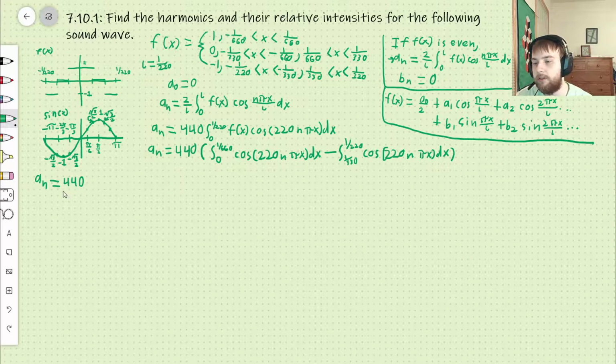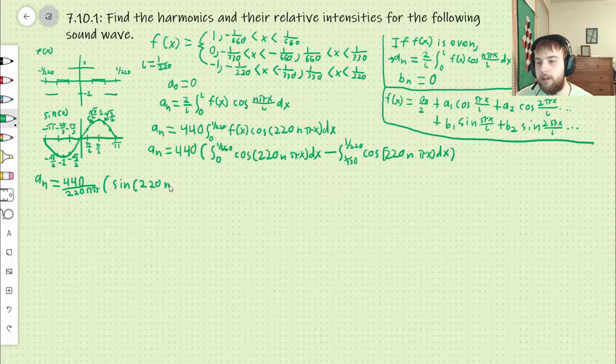I'm just going to skip a step and take it out in front, since it's going to be the same for both of these integrals. The x doesn't tag along because we're integrating with respect to x. So the integral of cosine is sine, and since we took care of the inside, we don't have to deal with it.